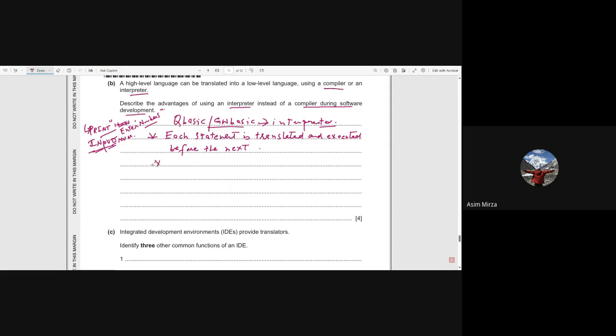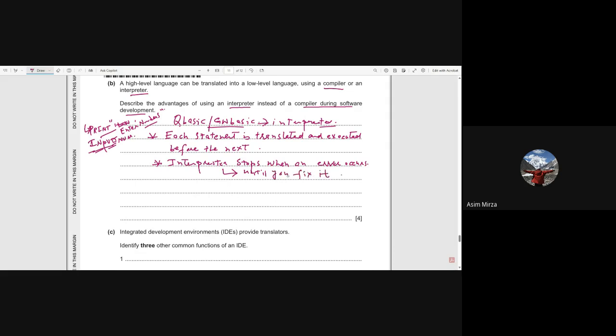The second point: the translator or interpreter stops when an error occurs, and it stays there until you fix it, right?